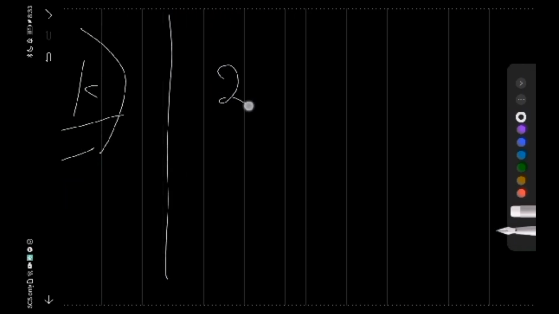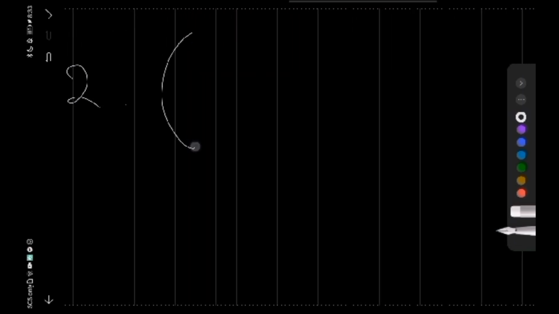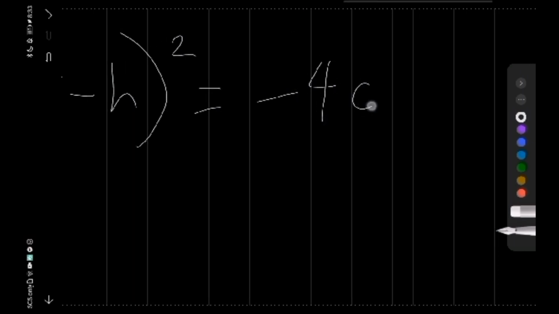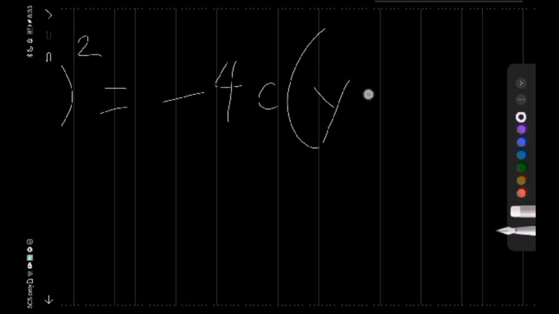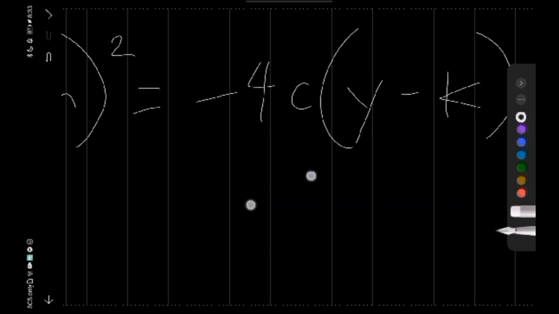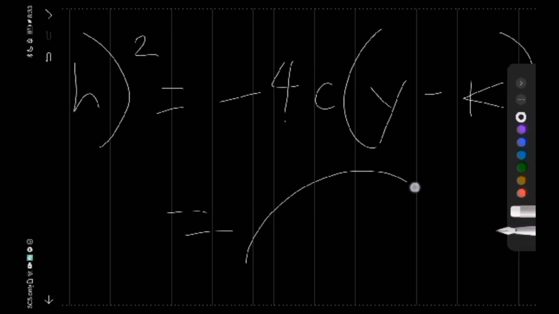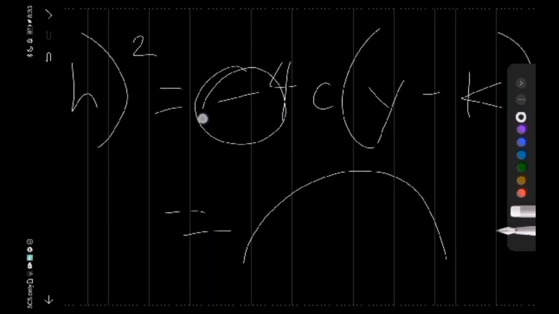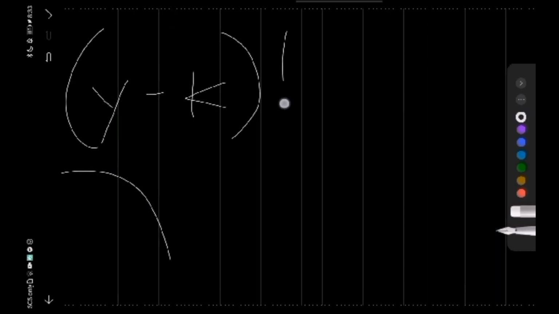Number 2 is (x minus h) squared equals negative 4c(y minus k). This one opens downward since the negative sign flips the direction.